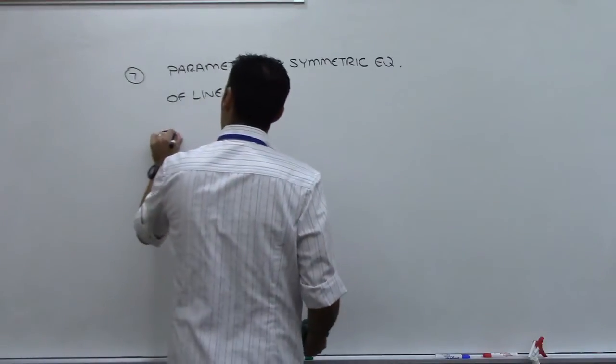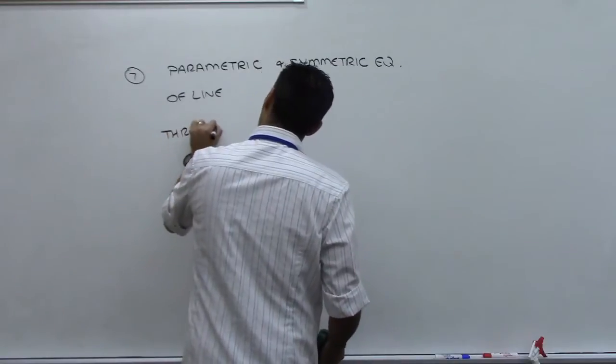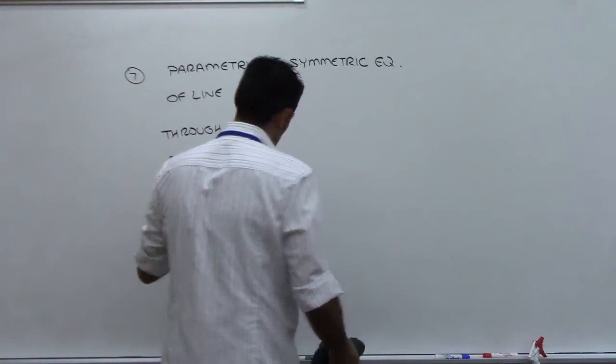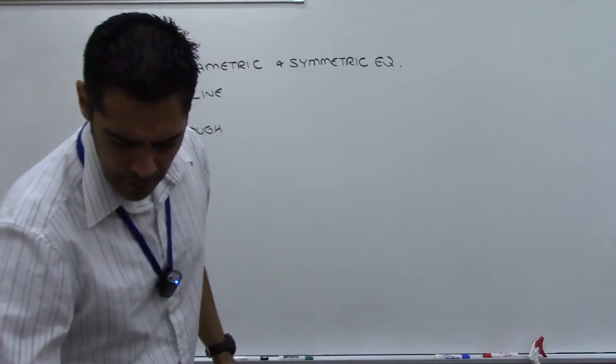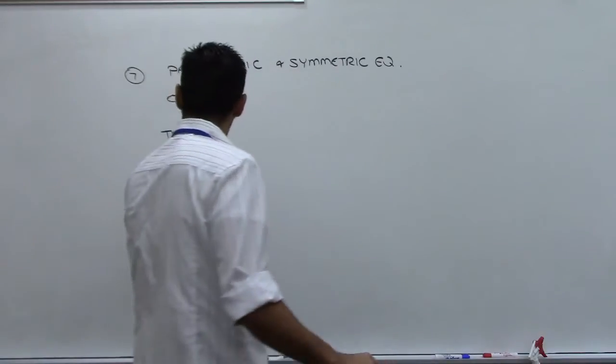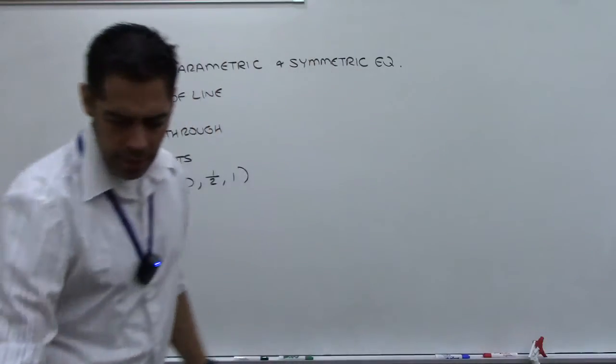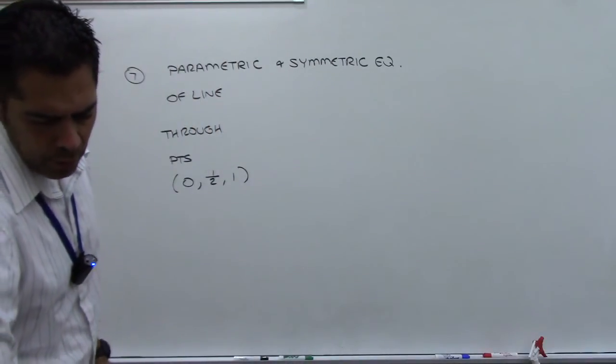Through the 2 points, (0, 1, 1/2) and the other point, (2, 1, -3).